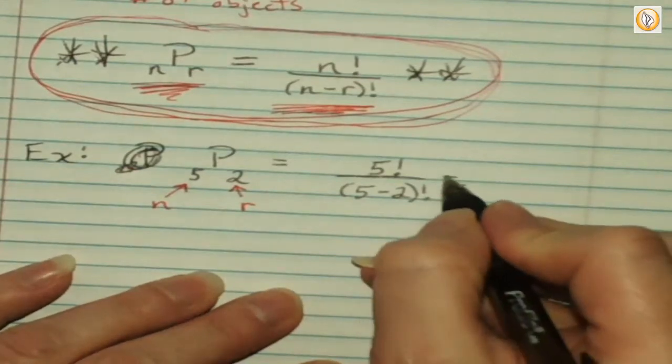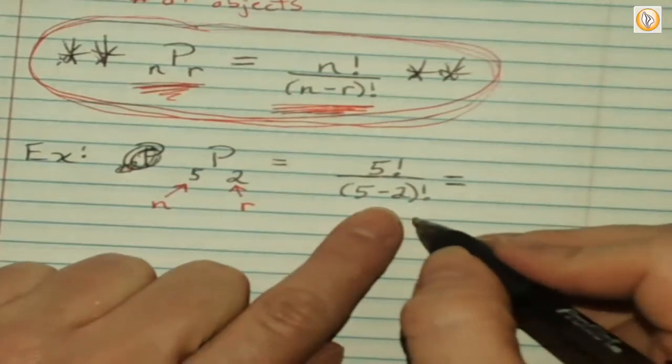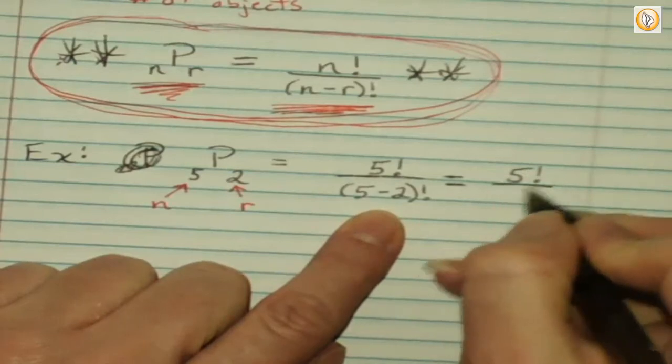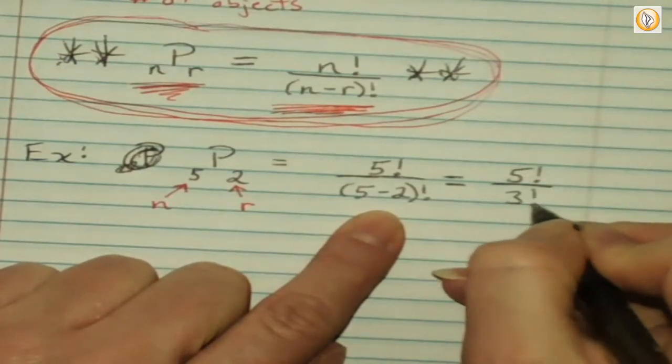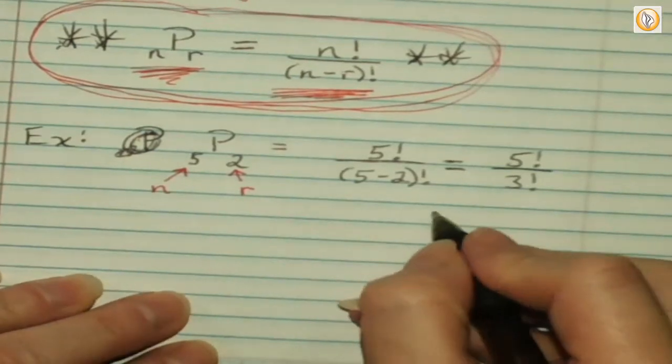Are y'all with me so far? Okay, what is 5 minus 2? 3. So then I have 5 factorial on top and 3 factorial on the bottom, right? Does that make sense so far? Any questions so far? So you're just plugging in information.